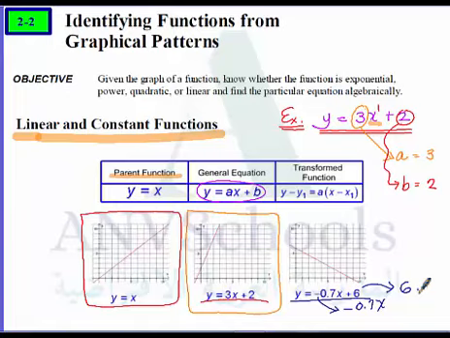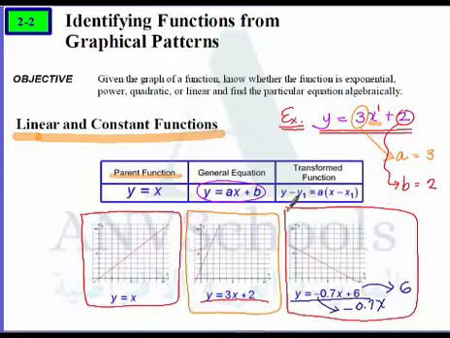It's a vertical reflection across the x-axis, right? So notice that the graph is somewhat inverted. It was flipped.